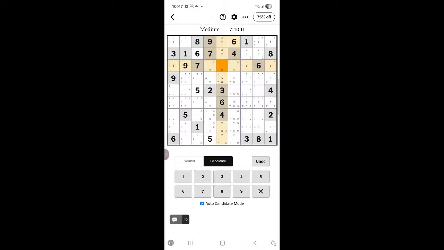So therefore, the 1 is here. Wait, what? Sorry. The 1 is here, leaving 3 and 8. Which also means if 3 and 8 must be here, then it cannot be here, so it has to be 5. Which leaves this to be the 4-2 pair, which is perfectly fine. But this is 5.